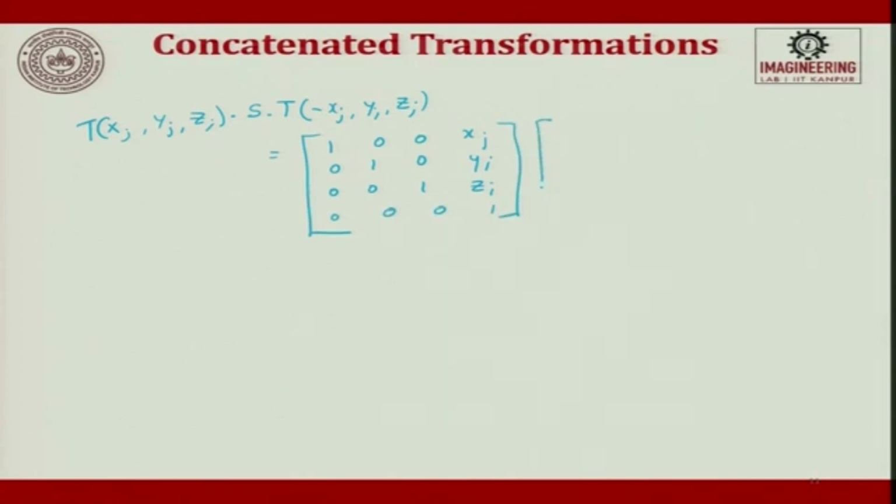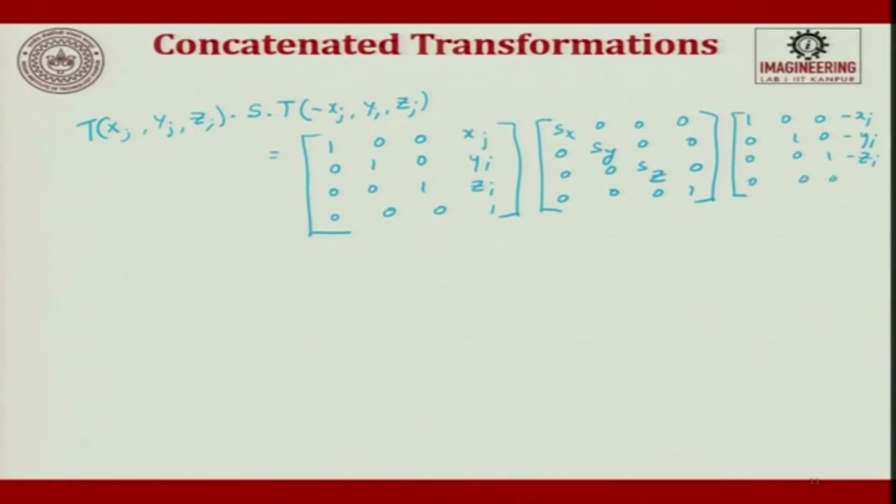Okay. Next, we will try to do scaling Sx 0 0 0, 0 Sy 0 0, 0 0 Sz 0, 0 0 0 1. And then what we do is we try to do the final one. So, that is nothing but 1 0 0 minus x j, 0 1 0 minus y j, 0 0 1 minus z j, 0 0 0 1.